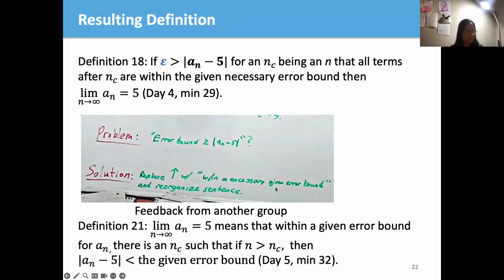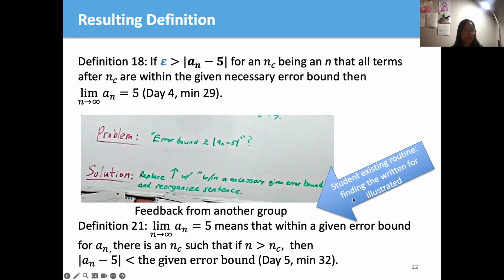And then they did. And then they said, within a given error bound epsilon, there is an n sub c such that if n is greater than n sub c, then error is less than the given error bound. And here they are again using an existing routine of finding the written form of what is illustrated.